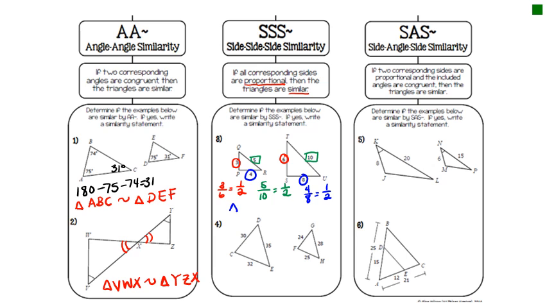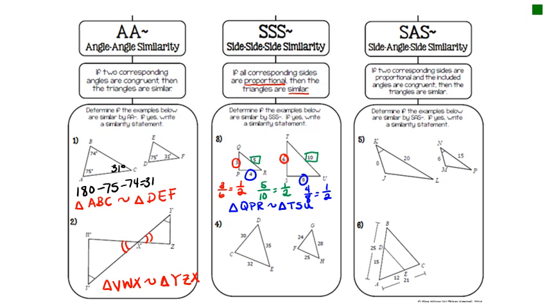So I can say that triangle QPR is similar to triangle, let's see, Q and T are in the same place, P and S are, and then Q and U. So triangle QPR is similar to triangle TSU because the sides are all proportional.